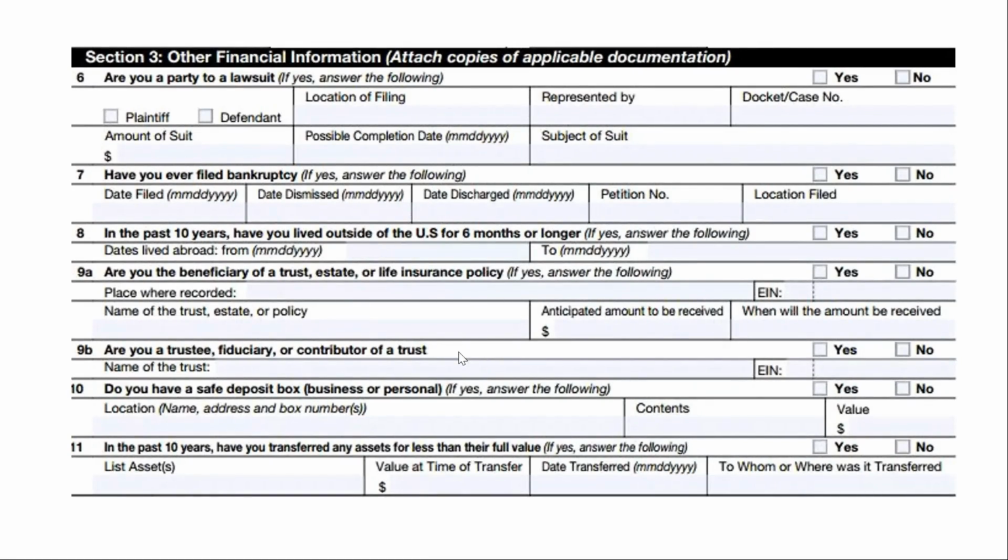Okay. In the past 10 years, have you transferred any assets for less than their fair value? This is a rabbit hole we could go down and spend 2 days on. So I got to be careful what I say here.